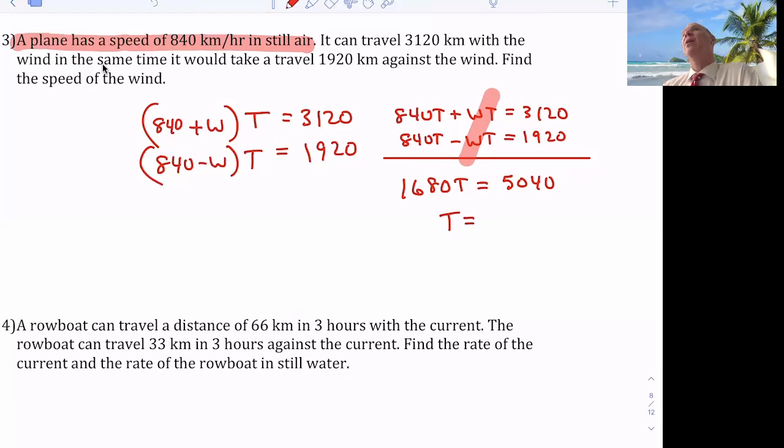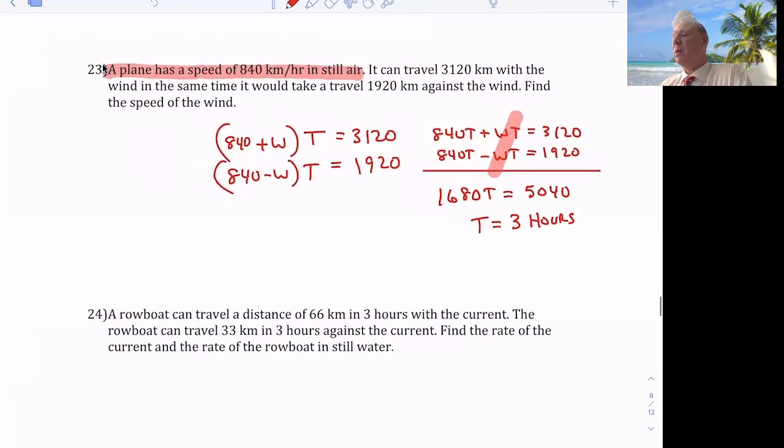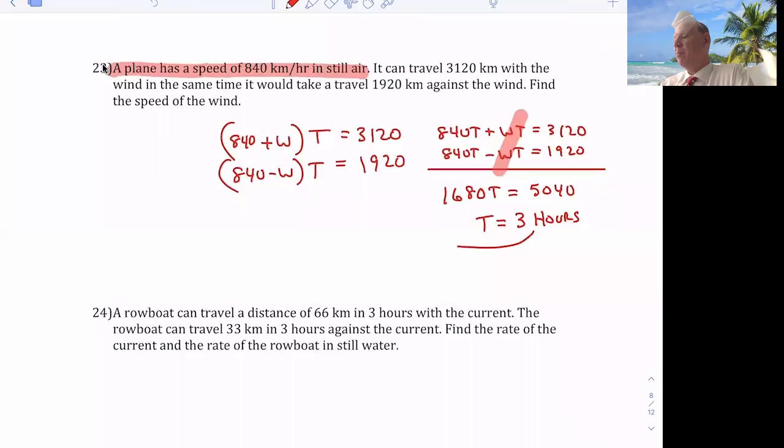You guys got the calculators? 3, right? So for 3 hours. But I don't want the hours. I'm trying to find the wind. So now, put 3 right there, guys.